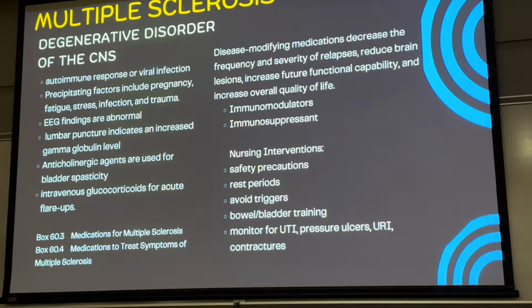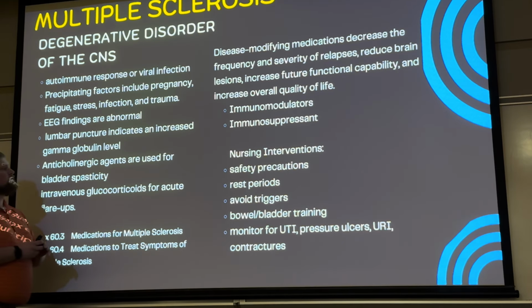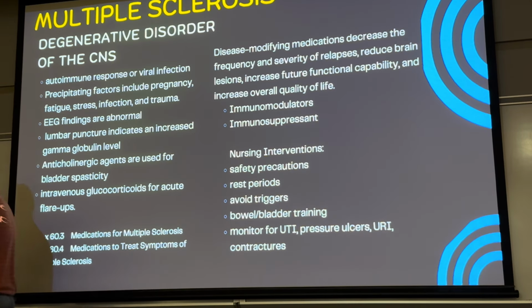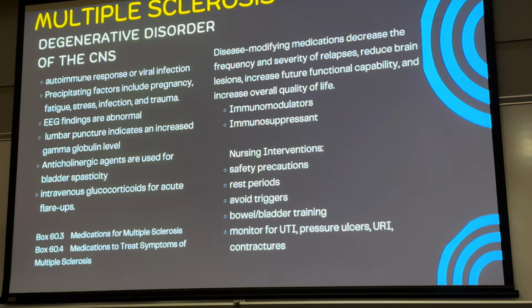Eventually, I'm not gonna be able to control my bowels, and bladder dysfunction as well, incontinence. As far as nursing interventions go, our safety precautions, what kind of safety precautions within the home should I expect?